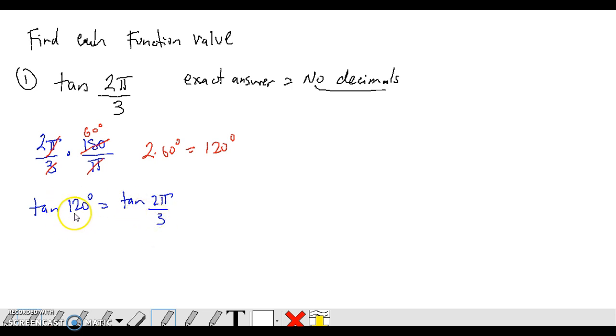Okay, so now I want to set up my right triangle. I know that 120 is in my second quadrant. I want to find my reference angle, so 180 minus 120. That is going to be 60 degrees.